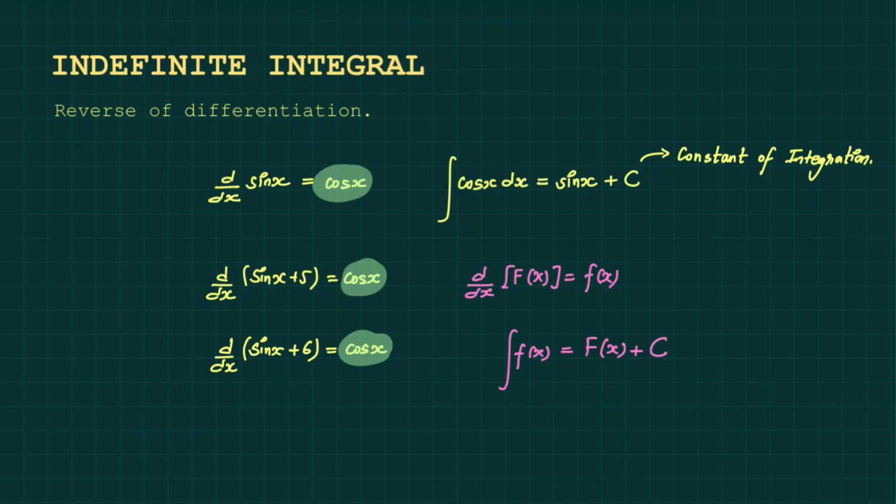So here the function that is getting integrated is called integrand, and this is called constant of integration. Now since this constant of integration could be any number or anything, that's why the value of c is indefinite, and that's why this integration is called indefinite integral.